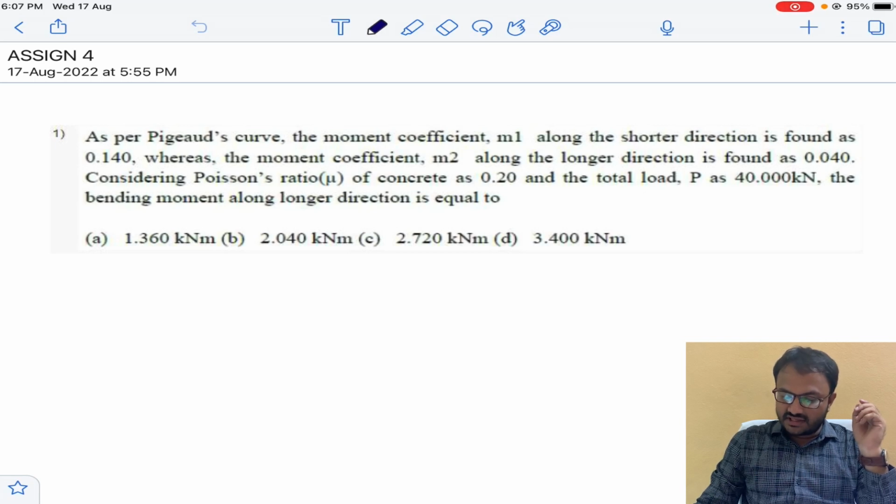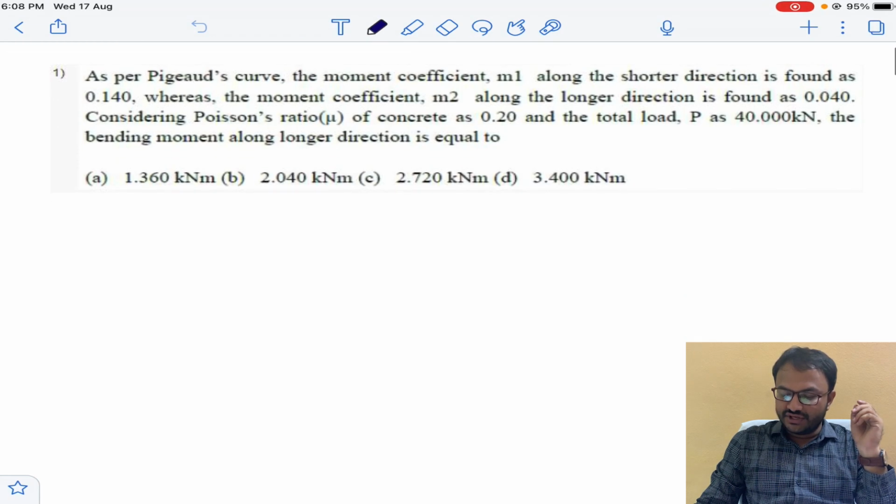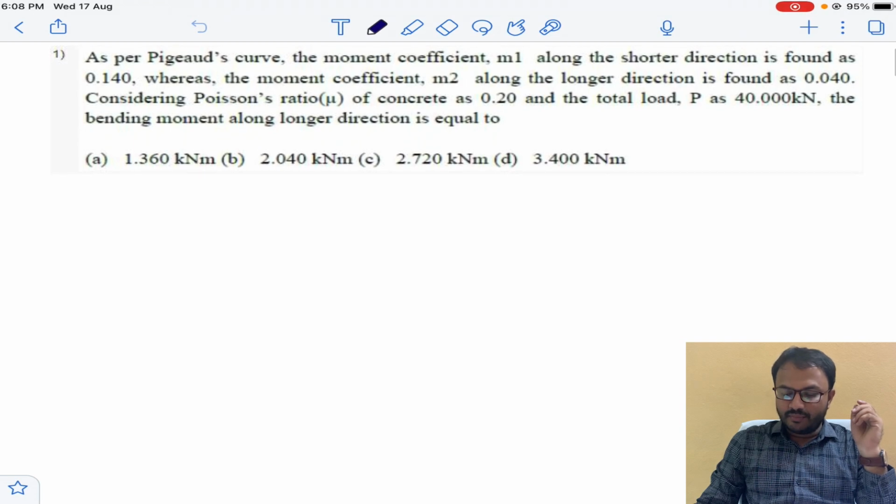As per Pigot's curve, the moment coefficient m1 along the shorter direction is found as 0.140, whereas the moment coefficient m2 along the longer direction is found as 0.040. Considering Poisson's ratio of concrete 0.20 and the total load 40,000 kilonewton, the bending moment along the longer direction is equal to. So he has given some options.